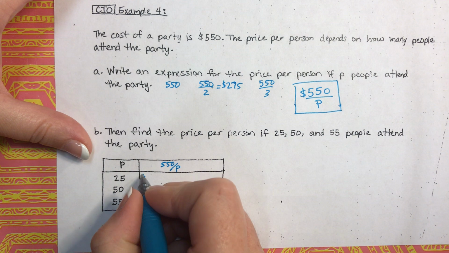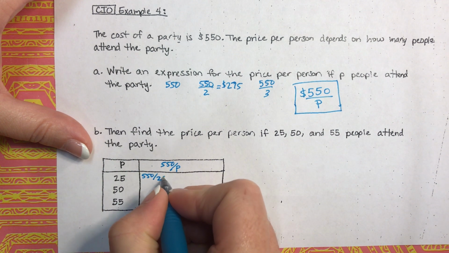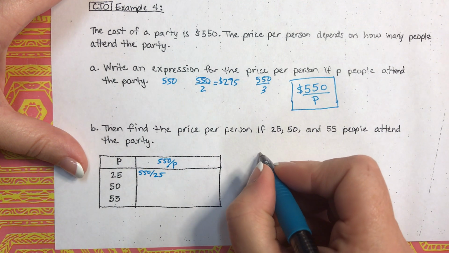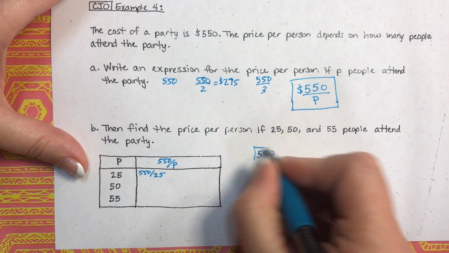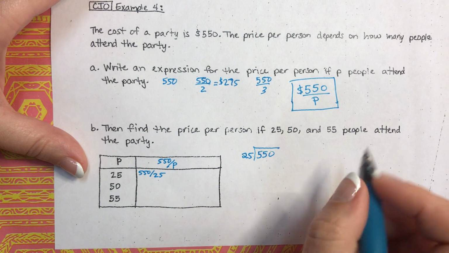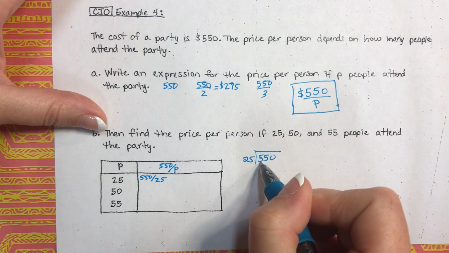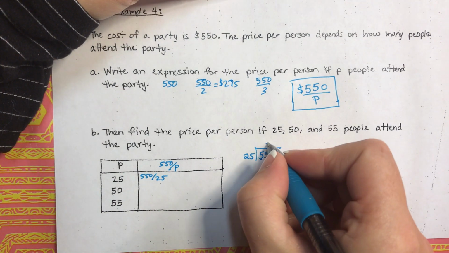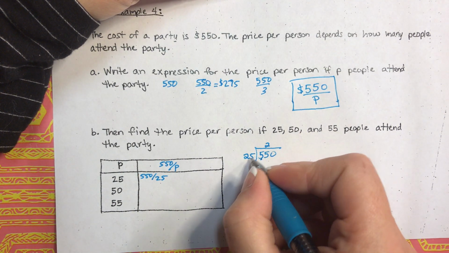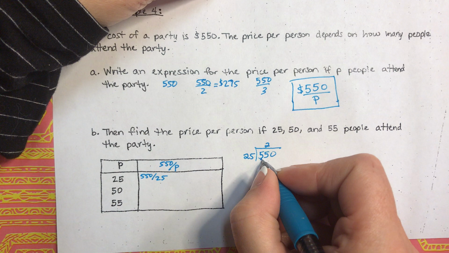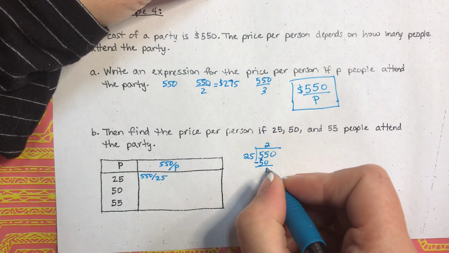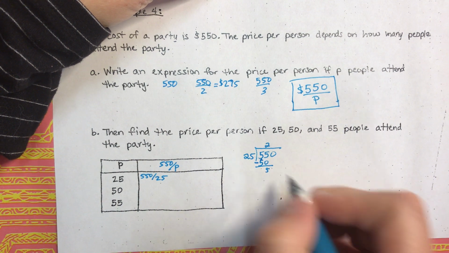First we're going to go 550 divided by 25. We're going to substitute 25 in for P. We'll do that division over here on the side. 550 divided by 25. Does 25 go into 5? No. Does 25 go into 50? Yes, it does. How many times? 2. 2 times 25 is 50. So I write that there, and we subtract. 5 take away 0 is 5. 5 take away 5 is 0.